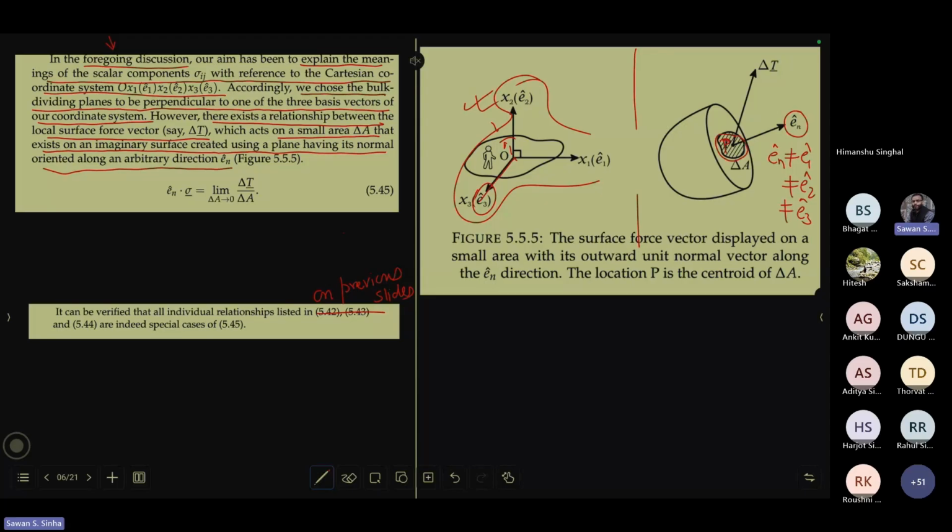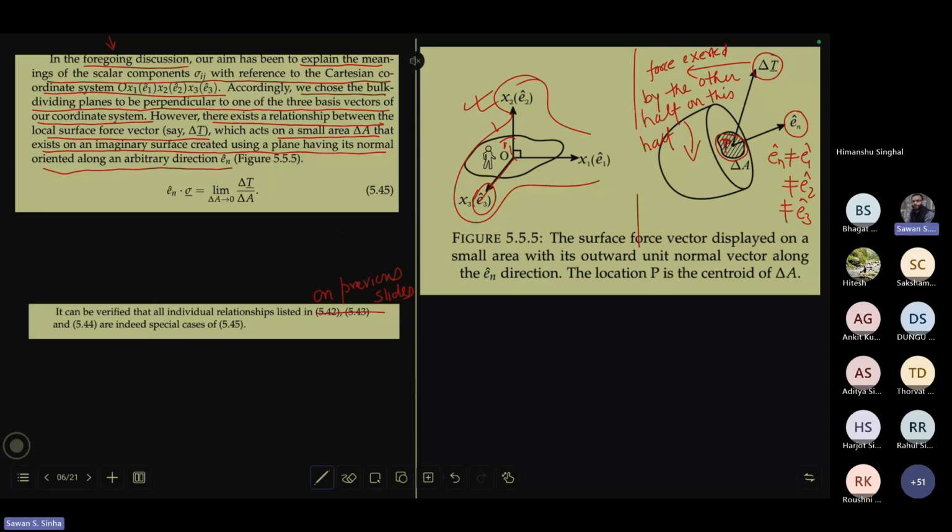Now on that surface, delta T could be the force vector exerted by the other half on this half. So I have delta T and En.